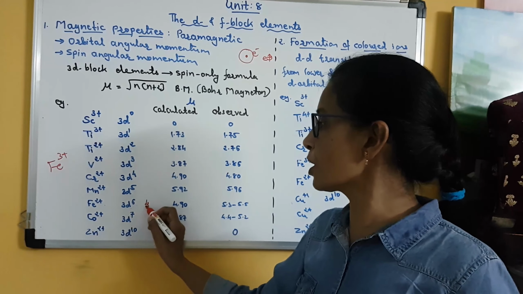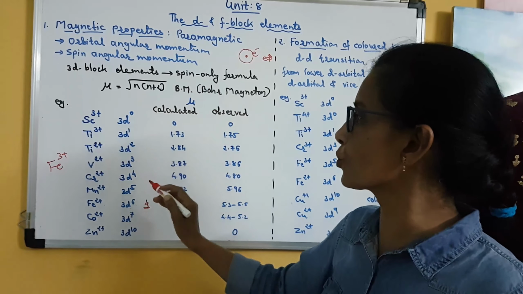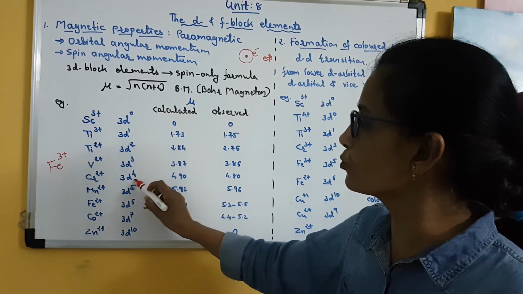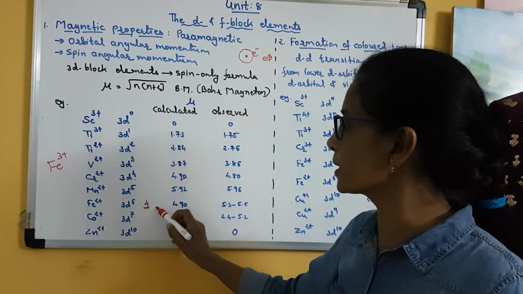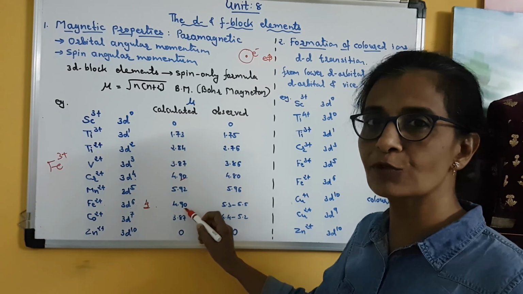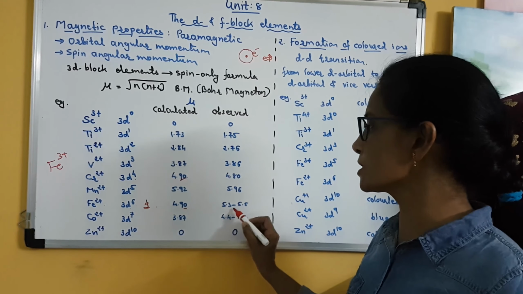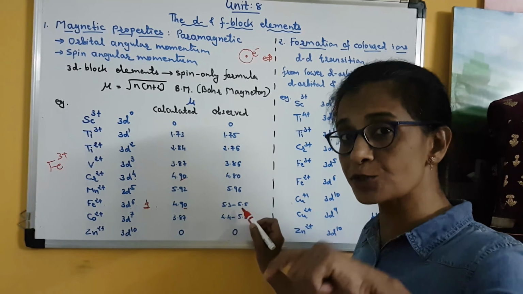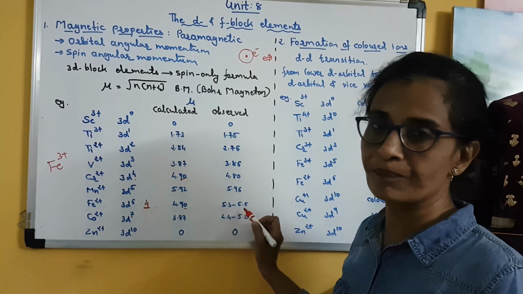So here the number of unpaired electrons is 4, and in this formula n is equal to 4. Now you can see if n is equal to 4, then the calculated magnetic moment is 4.90. Similarly here also it will be 4.90. Clear? But the observed one is not a fixed value. It is in the range of 5.3 to 5.5.